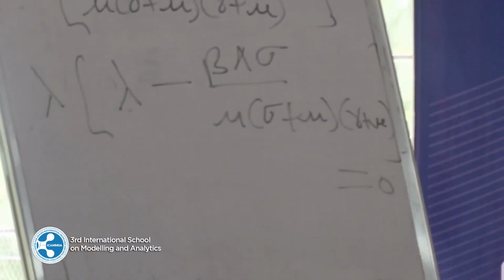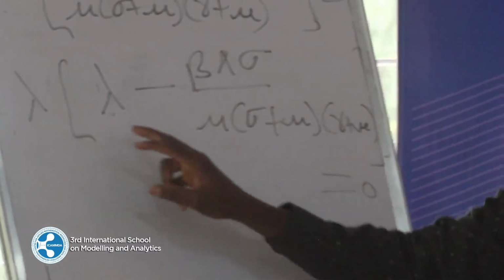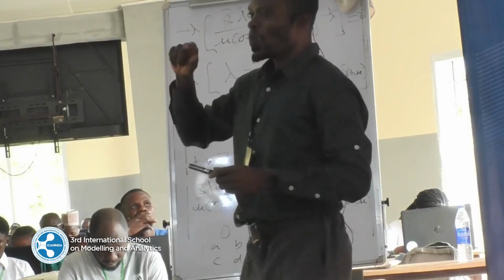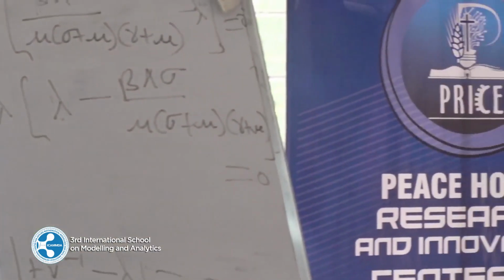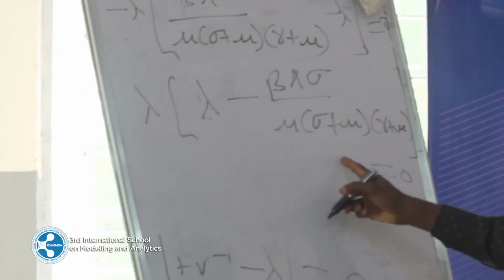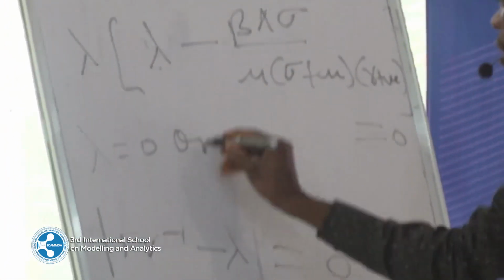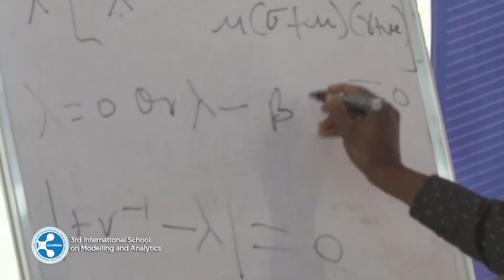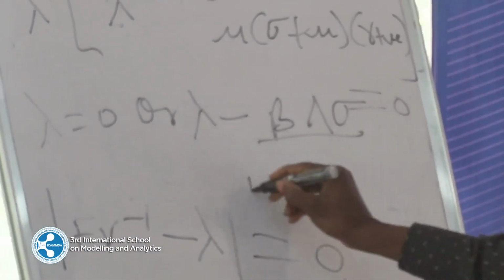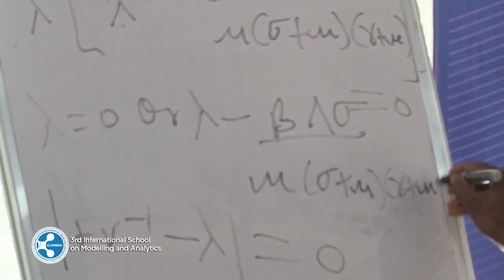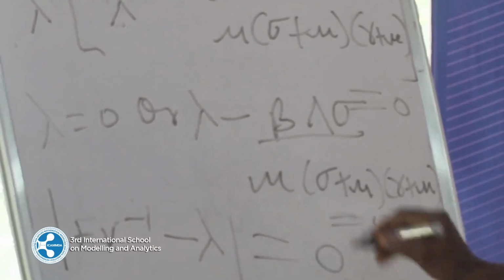If you have A times B equals 0, either one equals 0 or both equal 0. It will mean that for this result to be 0, lambda equals 0 or lambda minus beta lambda sigma over mu into sigma plus mu into gamma plus mu equals 0.